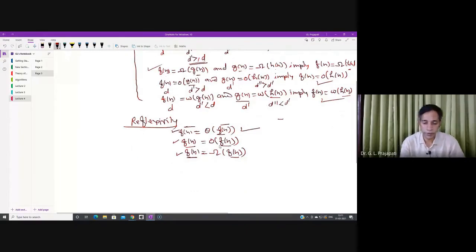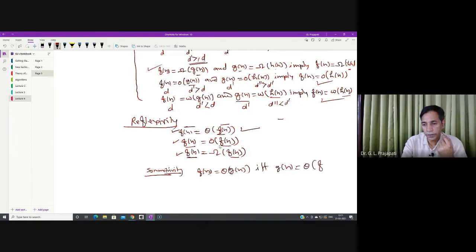And for the case of symmetry, you can say that f of n is theta of g of n if and only if g of n is theta of f of n.